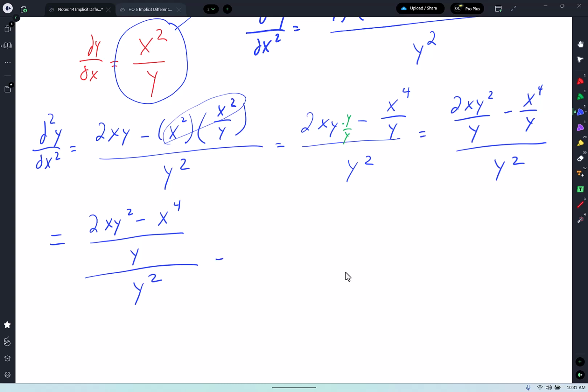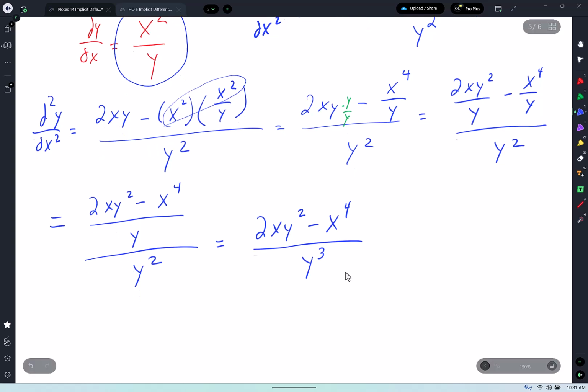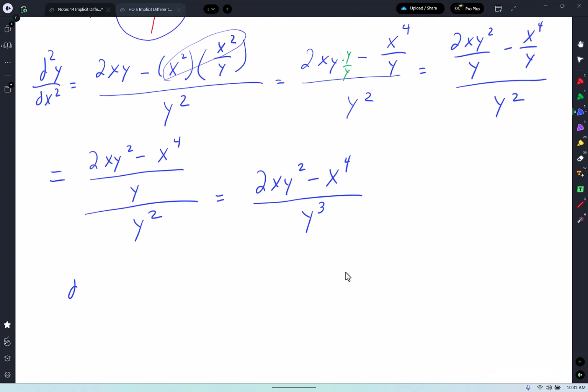So I'm going to have one denominator, and that denominator is going to be y cubed. Do you guys see that? So I'm going to have 2xy squared minus x to the fourth over y cubed. And there it is. That is your second derivative. d squared y over dx squared equals 2xy squared minus x to the fourth over y cubed.